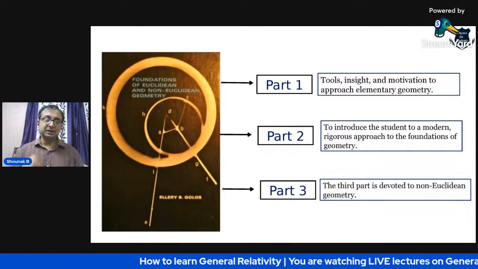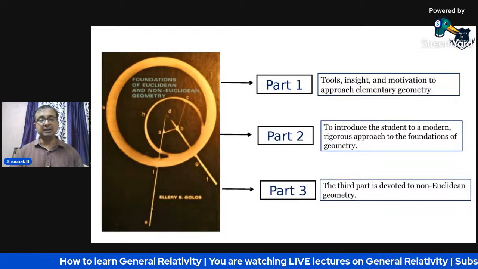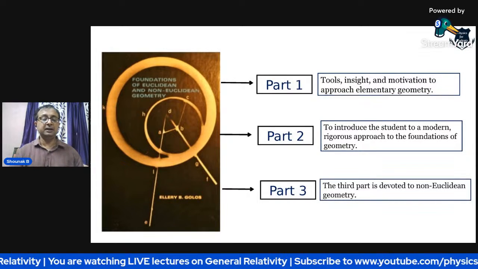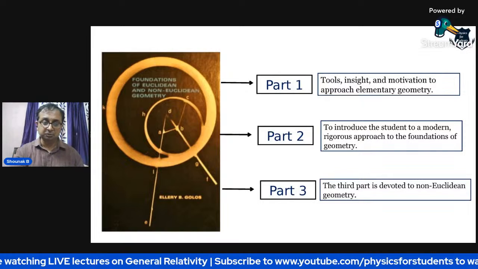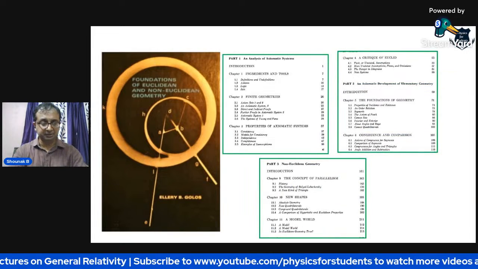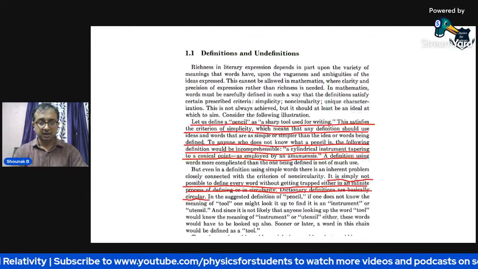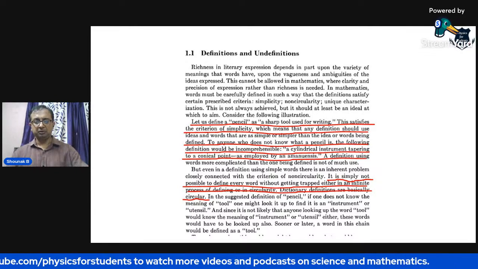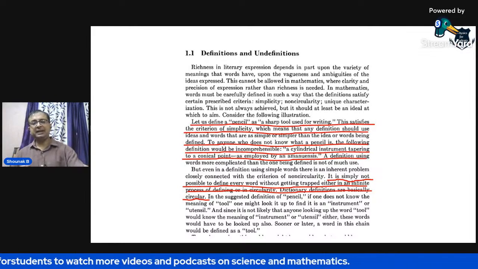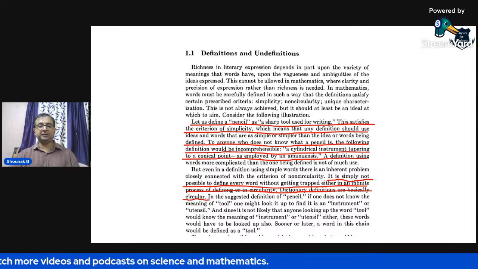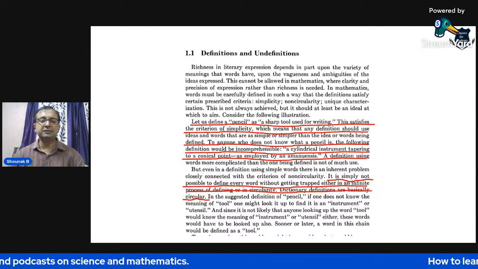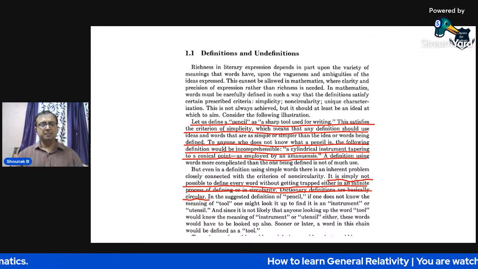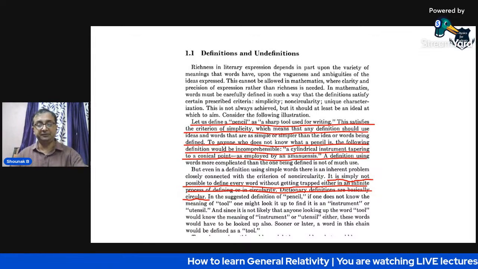Now, I would like to tell you that this is a book where I have learned one thing very honestly, in a very true sense. And I would like to show this to all of you. I'm skipping the content part. You see, this book actually tells you this. You can read it out. Say, for example, in case of a mathematical proof, you want to define something.